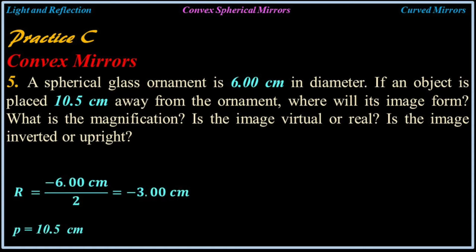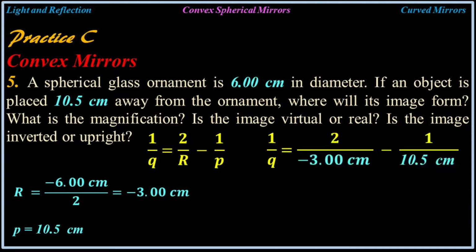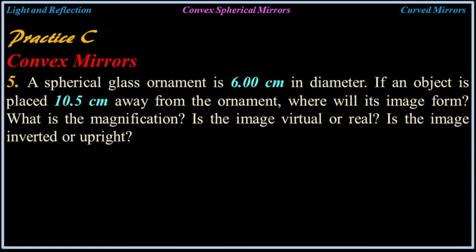So here's what's given. And there's the equation I'm going to use. And that's where I'm going to plug in. And that's going to calculate negative 1.31 meters. There's the given.